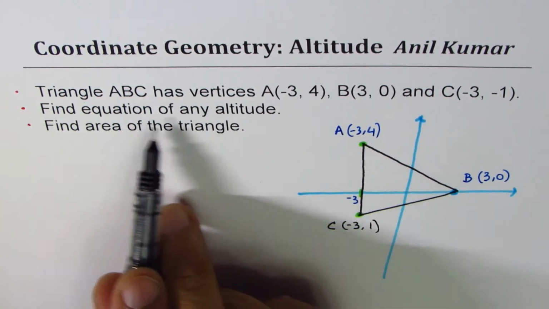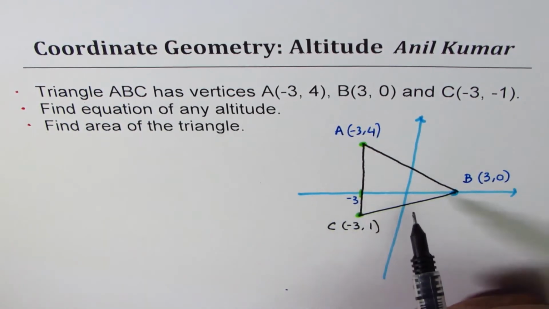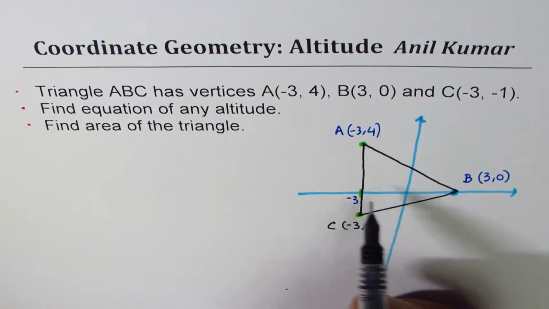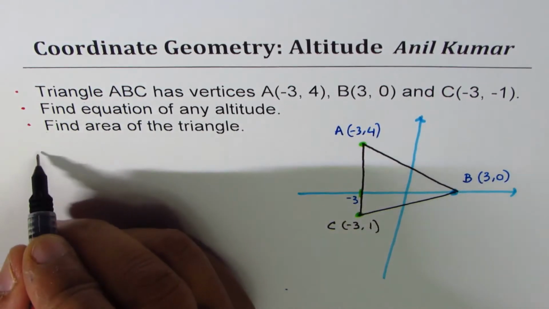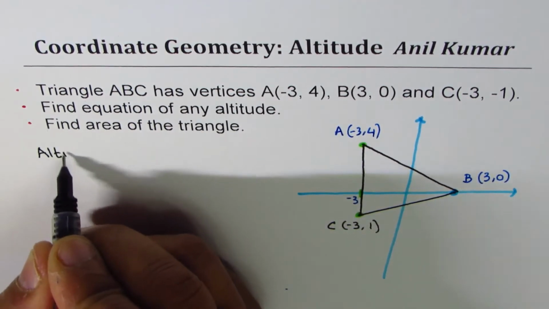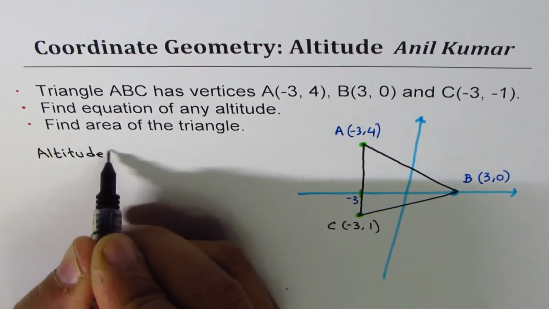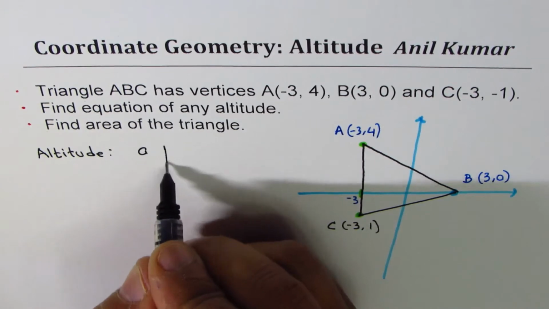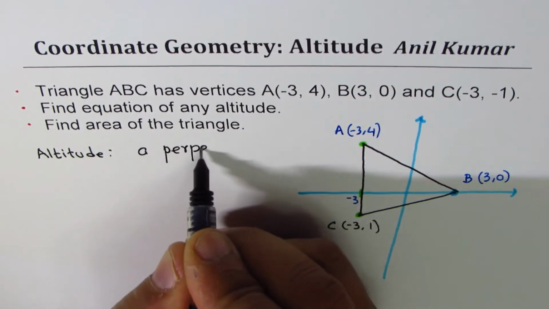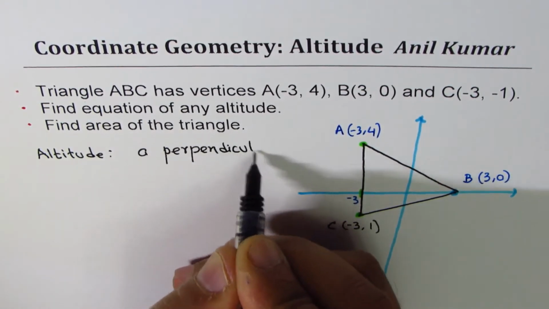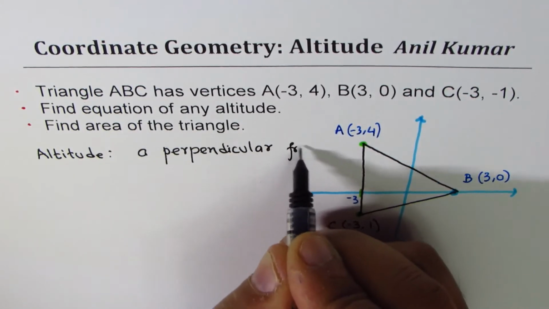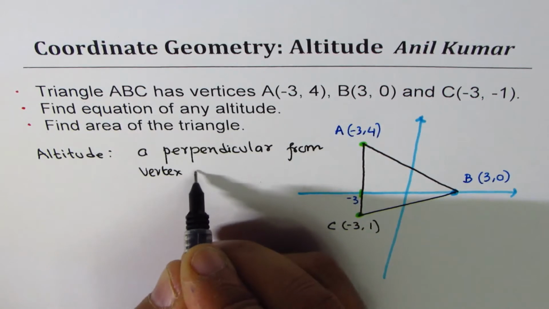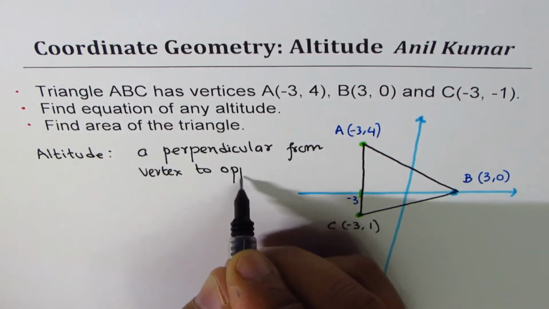Now to find the altitude, what we need to do is drop a perpendicular from a vertex to the opposite side. So let's understand what an altitude is. Altitude is a perpendicular from a vertex to the opposite side.